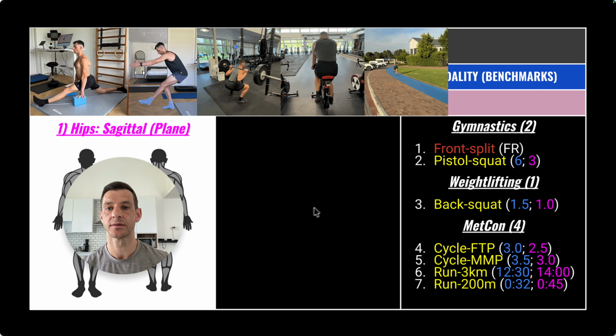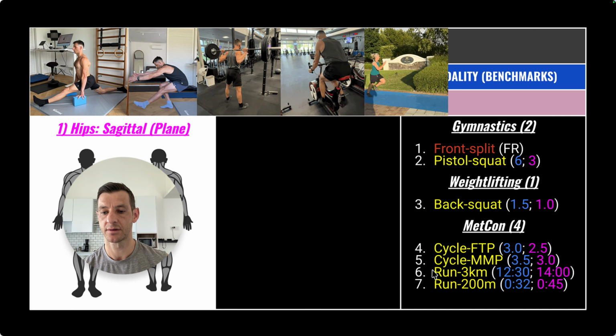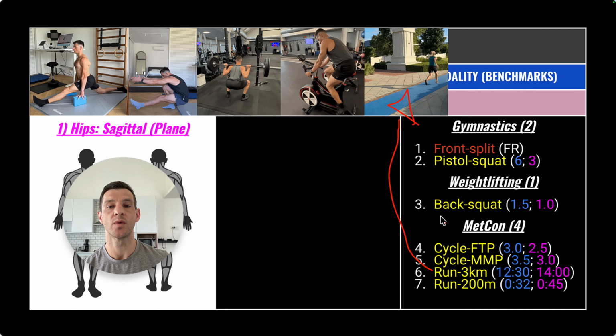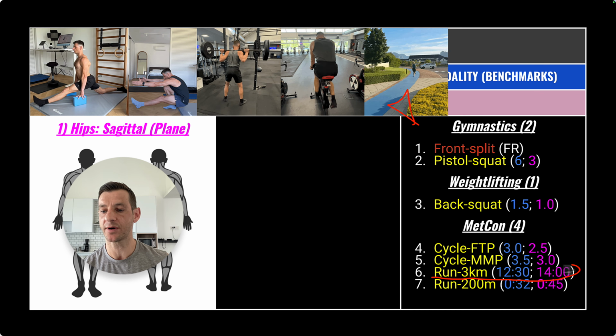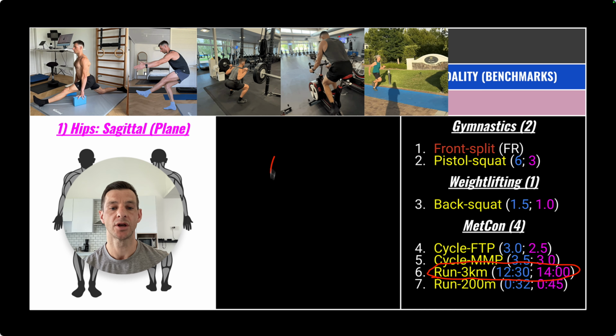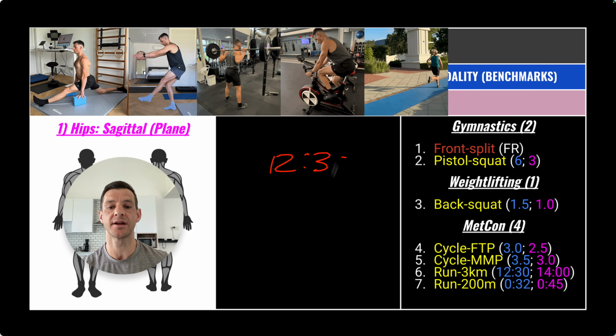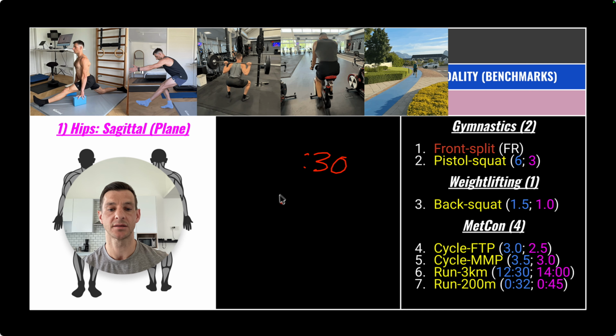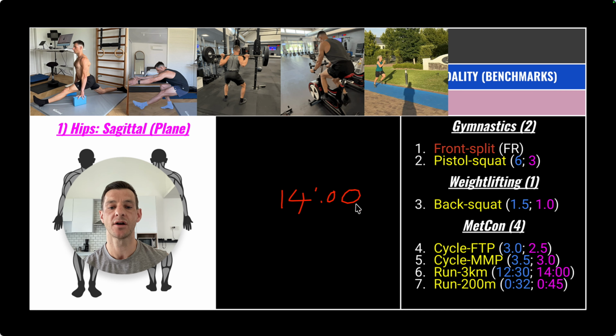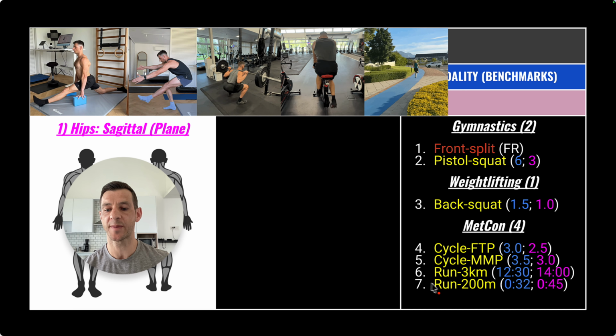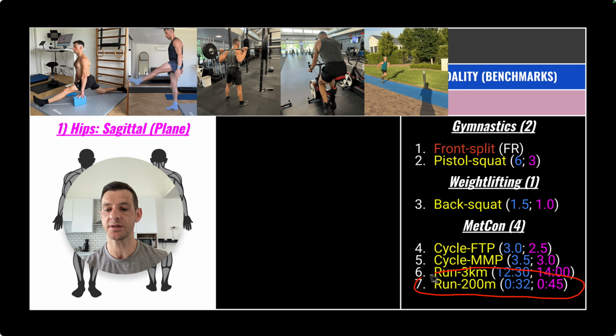For our 6th benchmark, we have running. We have 2 events, running 3 kilometers. As a male, you want to do 3Ks in under 12 minutes and 30 seconds, or as a female, under 14 minutes. For our last benchmark, we have 200 meter sprints.